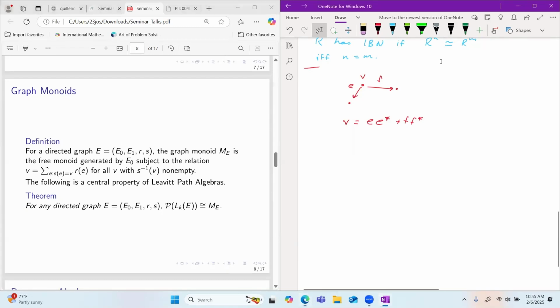So to give you an example here, we're using this same graph up here.